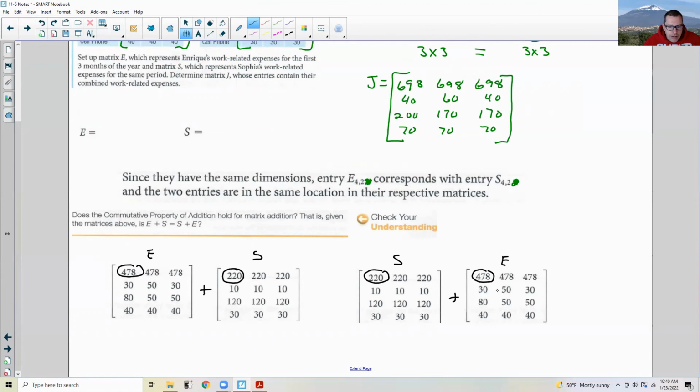Since the locations correspond, the corresponding entries, it doesn't matter what order you add them, they will be commutative.